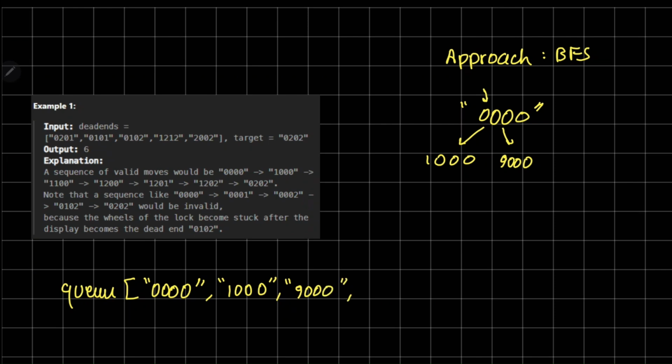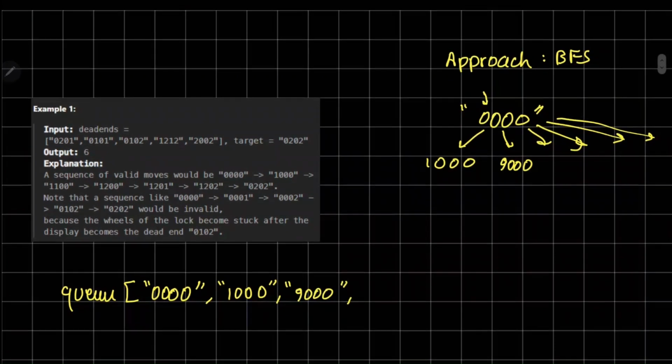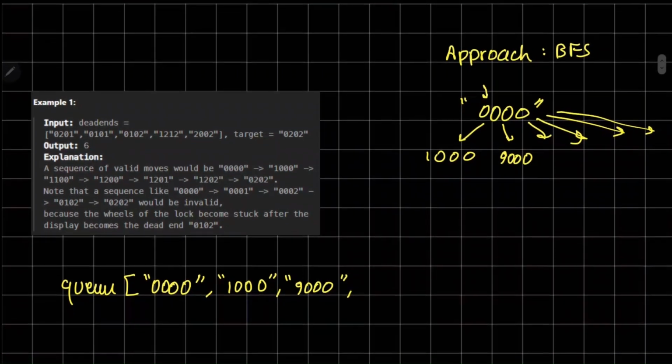Similarly, the queue will now contain all of these children, or all of the numbers that can be generated from this. So the queue will now contain 0100, 0900, then 0010, then 0090.